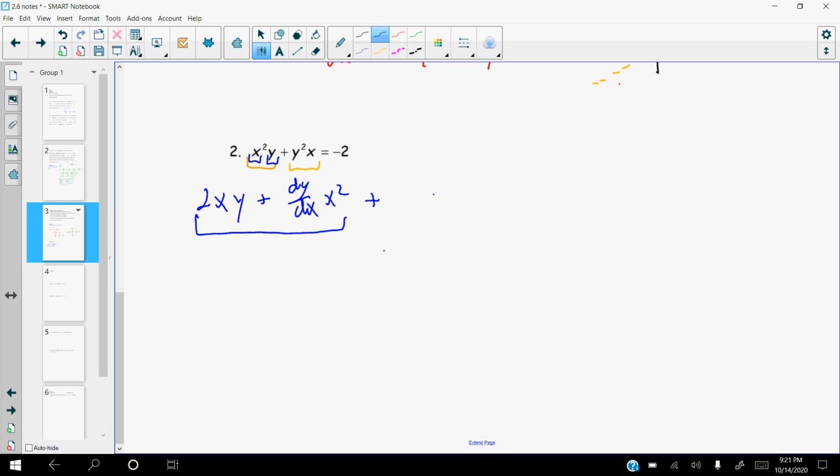Plus, now I have to do the derivative of y squared x. Again, product rule: derivative of the first, 2y dy over dx times the second, x, plus the derivative of x, which is 1, times the first, y squared. That's the second one. And then equals 0, because the derivative of -2 is 0.